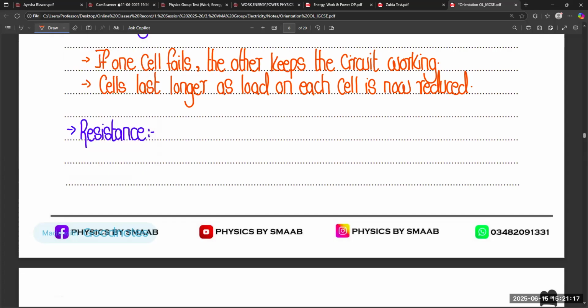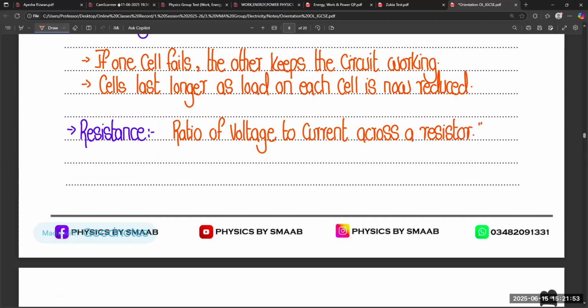And the proper definition of resistance is, it is the ratio of voltage to current across a resistor. So this is the complete definition of resistance.